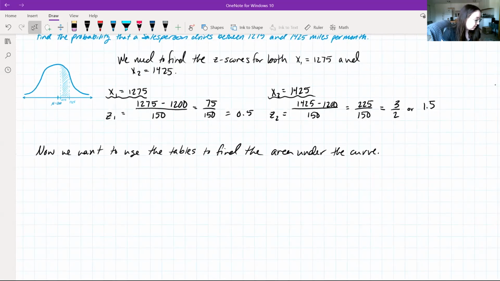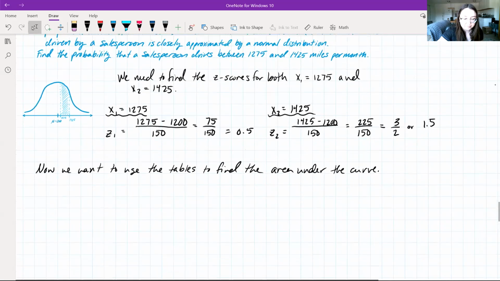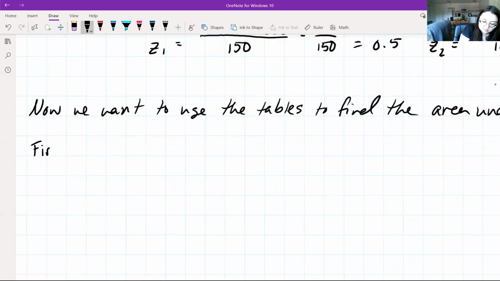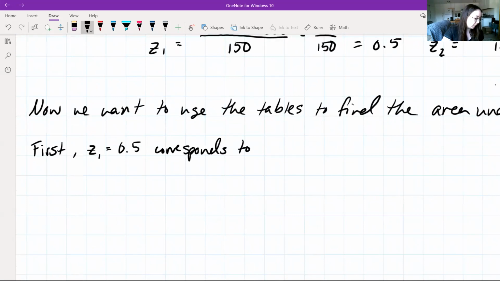So now we need to use the tables. So let's find first what z1 is equal to 0.5 corresponds to.